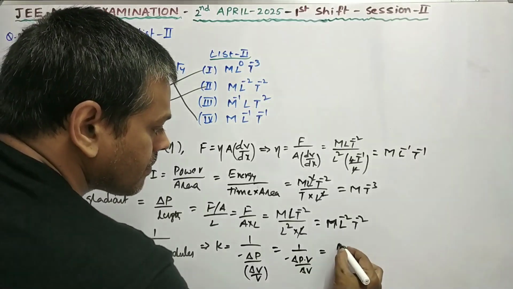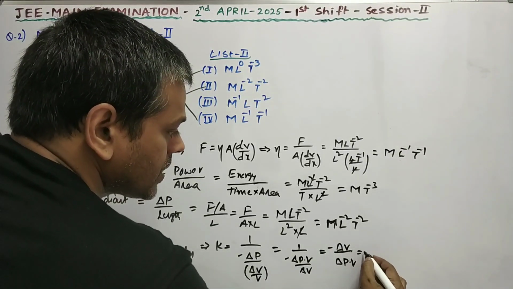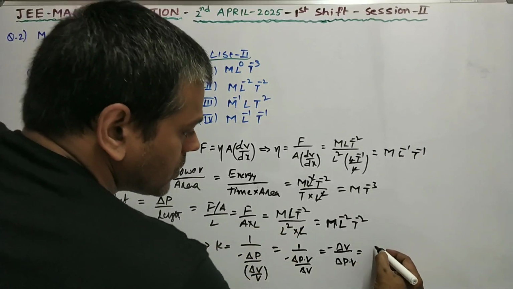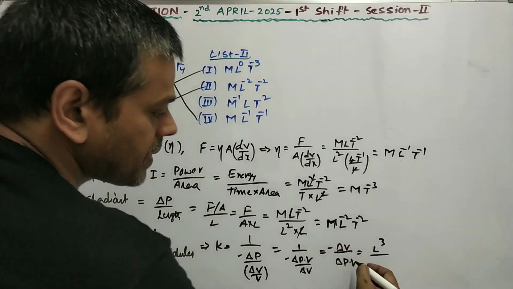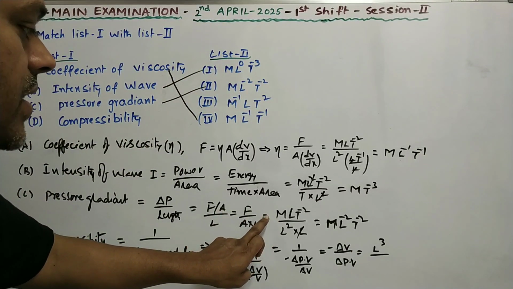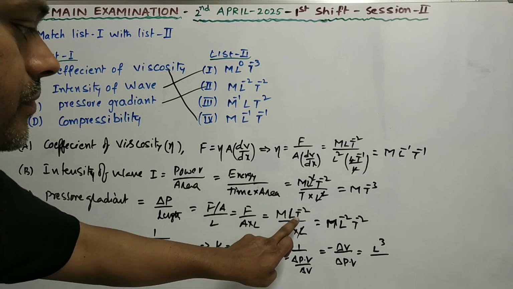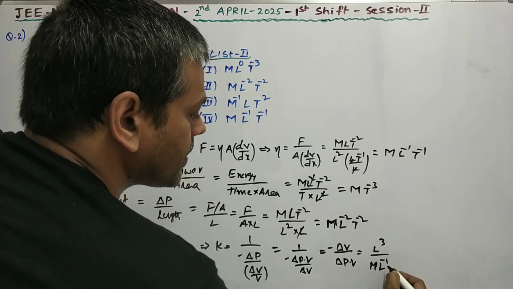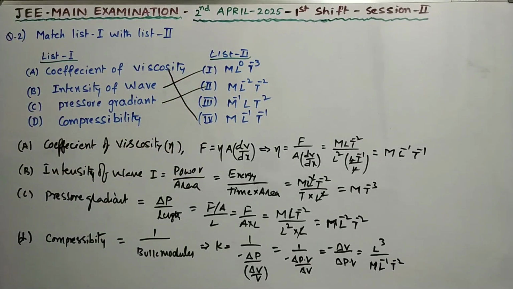So it means minus delta V by delta P into V. Change in volume and volume are both L cube, so L cube is cancelled. Pressure is force per area, which is M L power minus 1 T power minus 2.